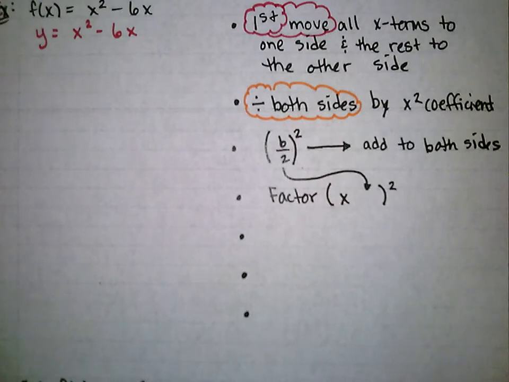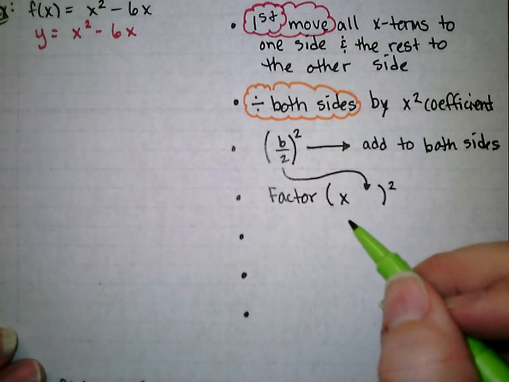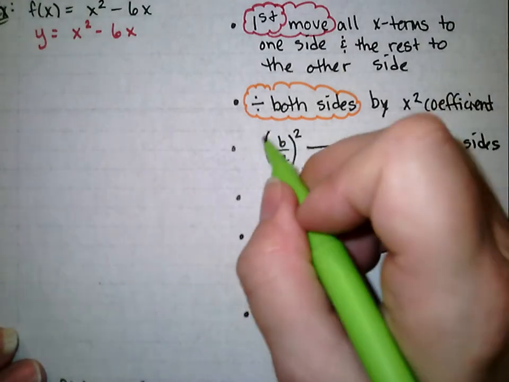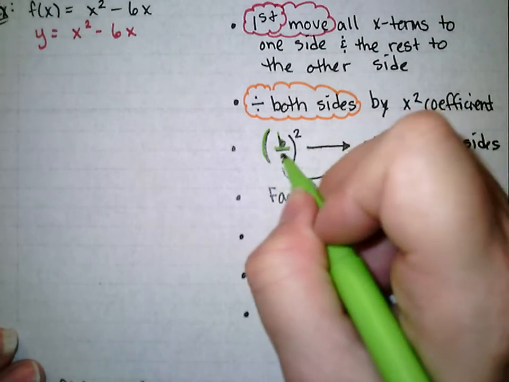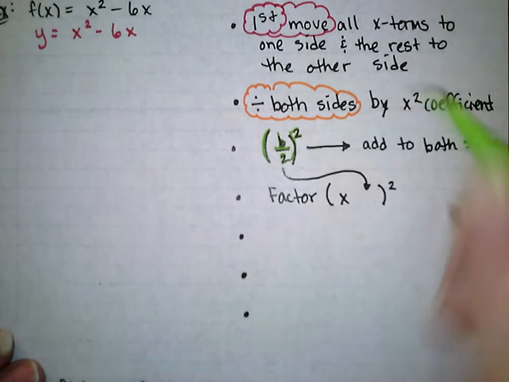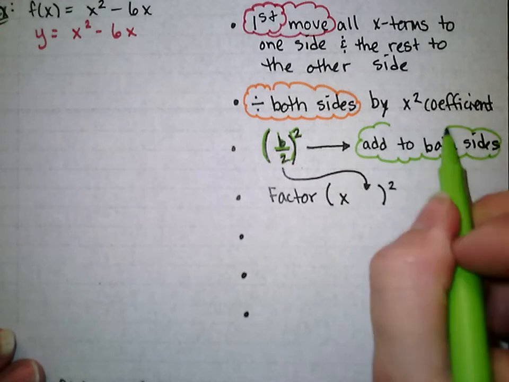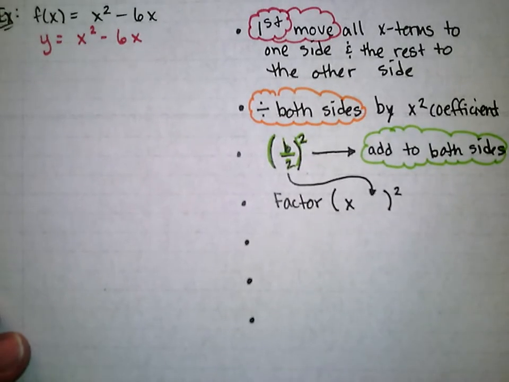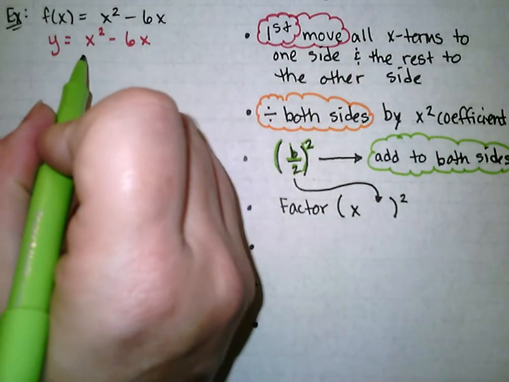Okay, then the next thing I'm going to do is b divided by 2 squared. So I figure out b divided by 2 squared, and I add to both sides. That's my next step, add to both sides. So kind of off to the side, I think about b divided by 2.